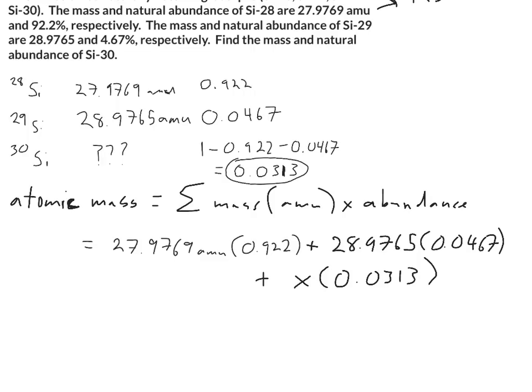And all of that is equal to the average atomic mass of silicon, which again is 28.085 AMU.